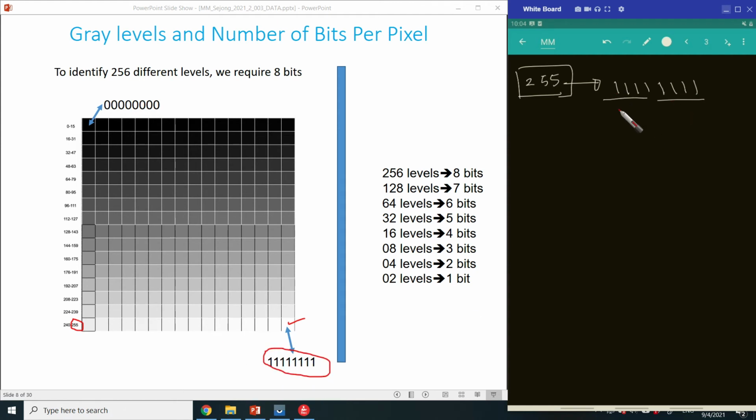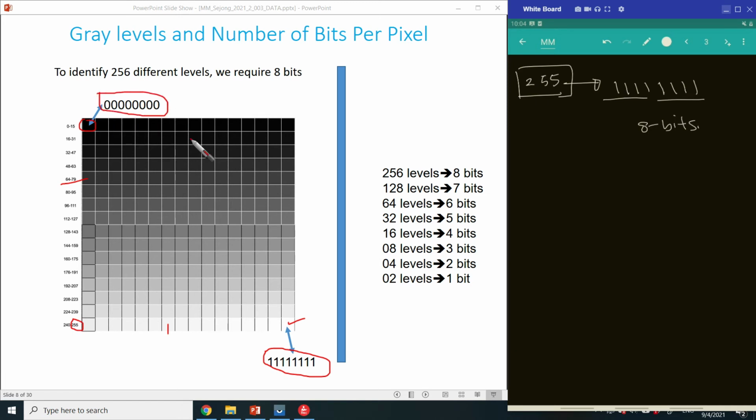How many bits do we need to write 255 in binary? Definitely we need 8 bits. If this requires 8 bits, then any number we assign also needs 8 bits. For example, level number 64, or black level 0: to store the information for gray level 0, we need 8 zeros.